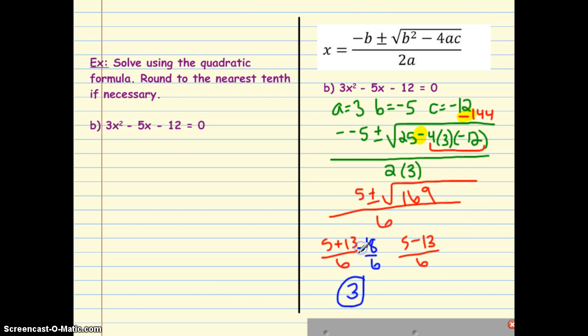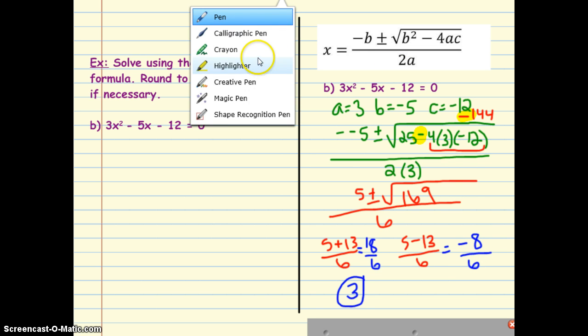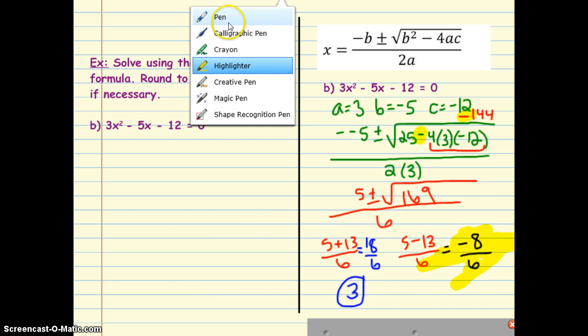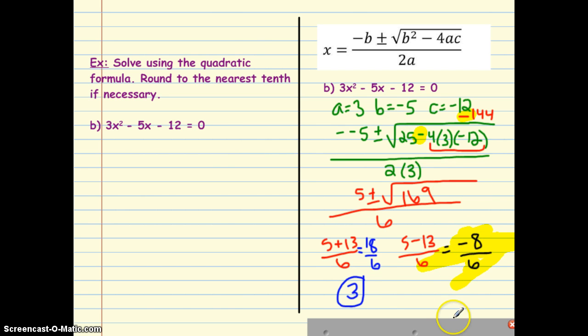And negative 8 over 6, which if any of you has the audio on right now, it is very important that you simplify this fraction right here. Those of you who are listening without the sound on, well, you just missed a very interesting moment. We are going to simplify negative 8 over 6 to negative 4/3, please.